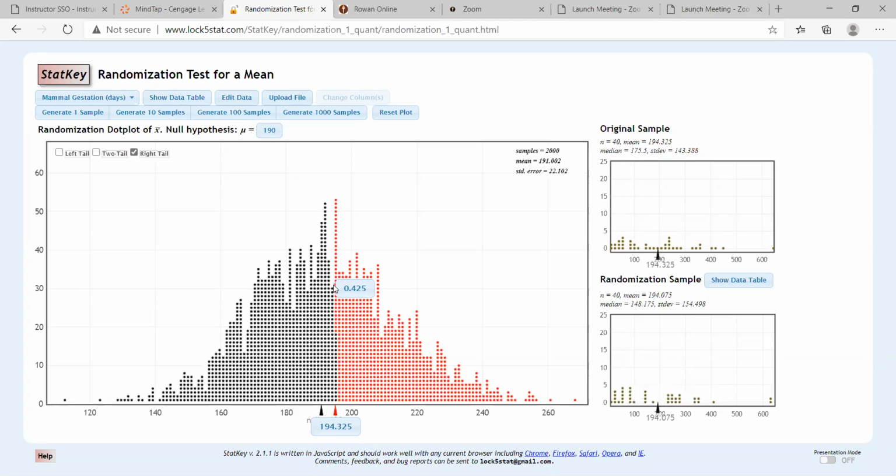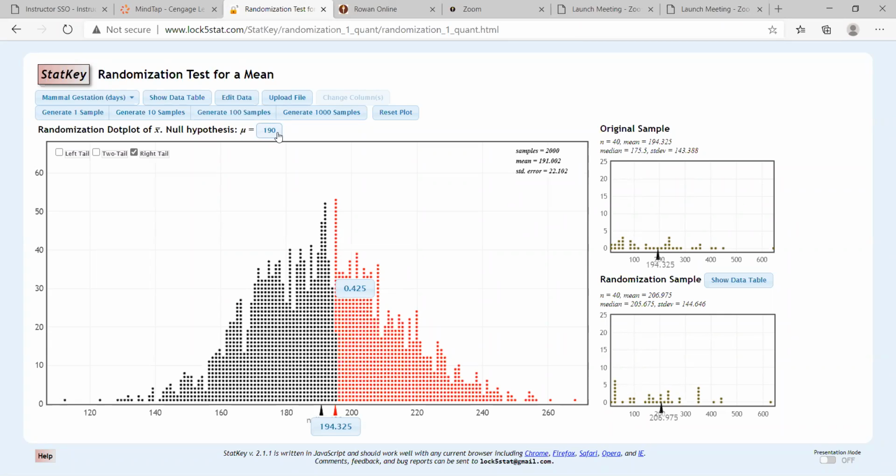Now, how do we actually do the hypothesis test? Once you calculate this p-value, you're going to compare it to alpha. Alpha is the probability of getting a type 1 error. It's the probability of rejecting the null hypothesis when the null hypothesis is actually true. In this case, the null hypothesis is 190.